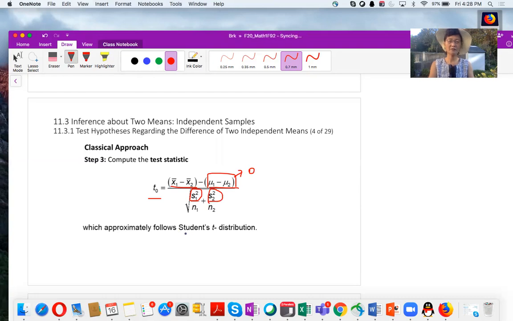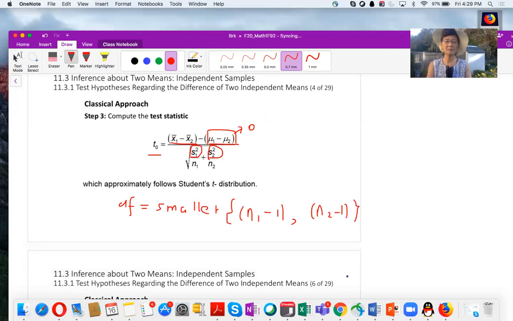The degree of freedom is the smaller of N1 minus 1 and N2 minus 1. Take the smaller value, that is the degree of freedom.